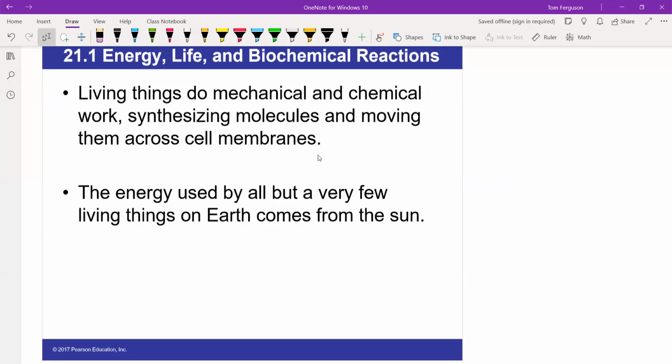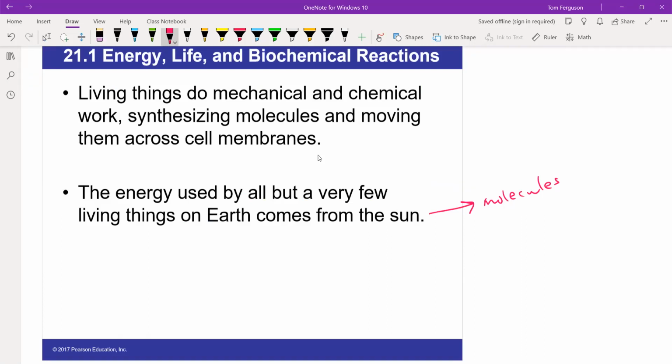Now the energy path goes from the sun to organisms that use the sun to generate molecules.